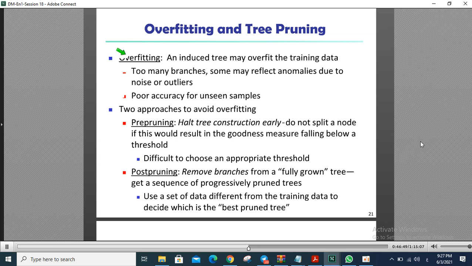So when there are too many records for training, the situation becomes complex. And in the tree, you can see too many branches and splits. In such cases, I can say that my tree is affected by anomalies, noise, outliers.